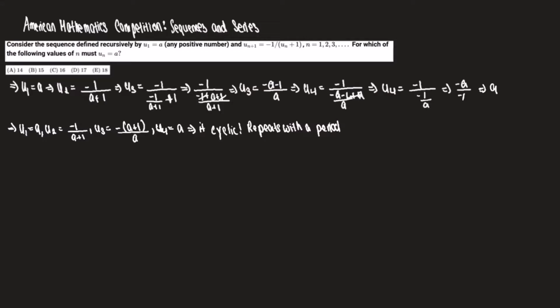So that means that n has to be a multiple of 3 plus 1, and the only choice that works is 16. So the answer equals C, 16.